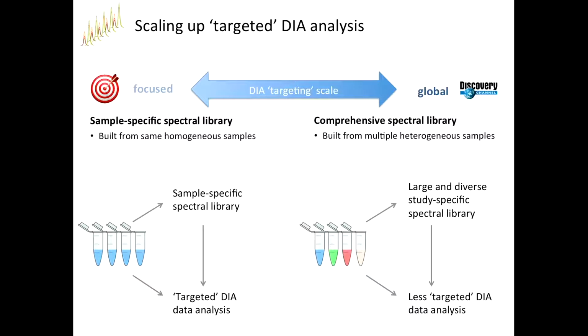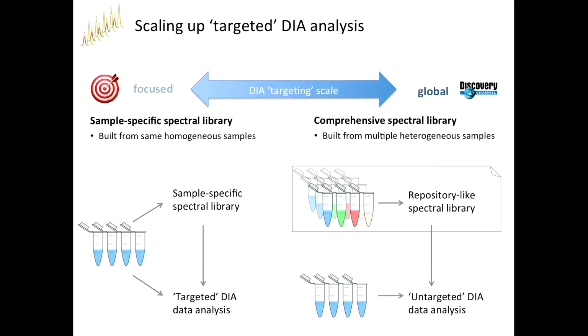This is already the case, as Timo suggested. You have quite a heterogeneous data set and you want to build a library, then you cannot call this sample-specific anymore, because all the samples are very different. So now you may have something like a study-specific library that is already quite large and diverse, and you analyze your data in a probably a little less targeted way.